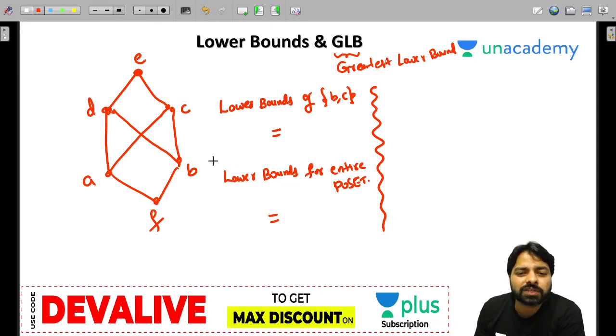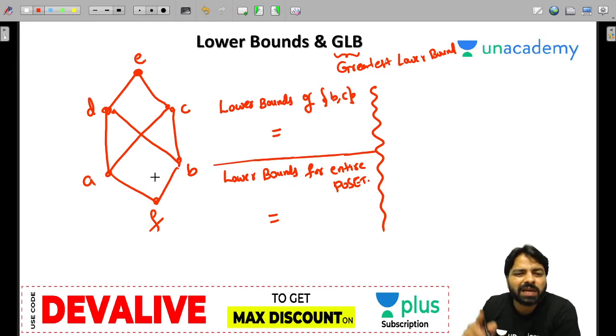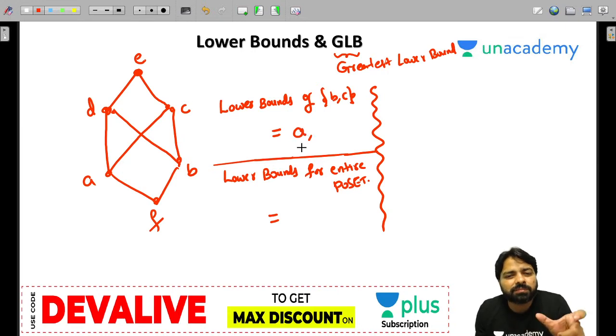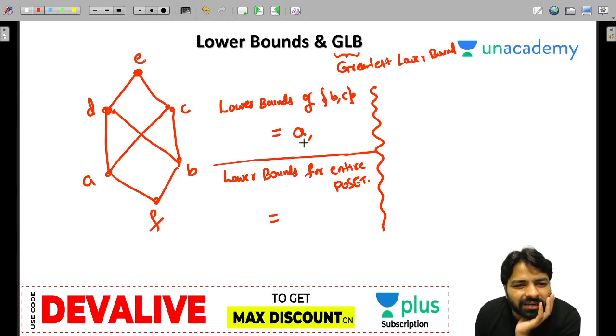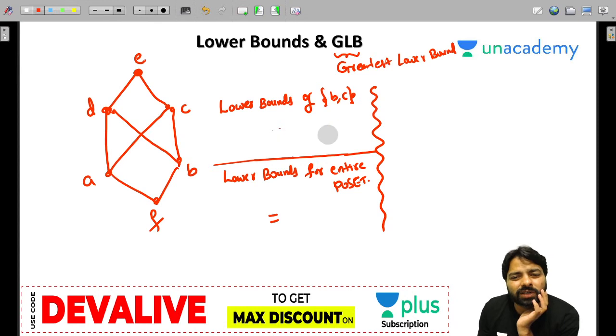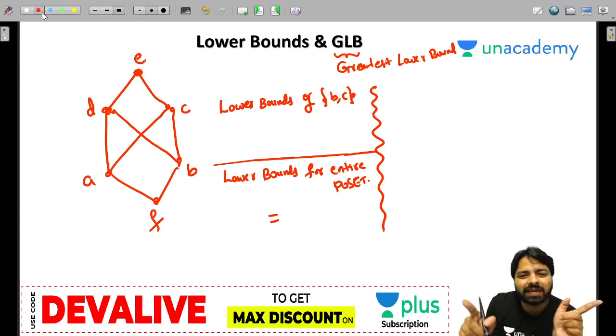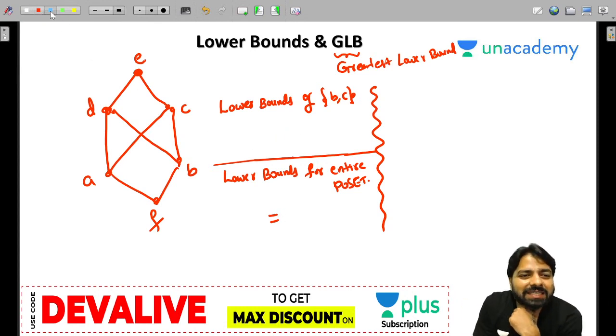Okay, now first one. For B comma C, who are the lower bounds? A is the predecessor to both of them. But B you can't say, C you can't say, because they don't have relation. B comma C, where I am looking here? Sorry. I'm sorry guys. I am looking D and C. Okay. So B and C here. C and B, look at here.